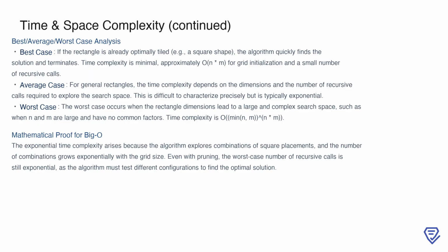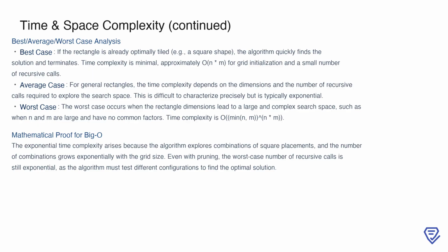The worst case arises when the dimensions of the rectangle lead to a highly complex search space, such as when n and m are large and do not share common factors. In this scenario, the time complexity can reach O(min(n, m) * n * m). This exponential growth is inherent to the problem, as the algorithm must explore various combinations of square placements to ensure the optimal solution is found.